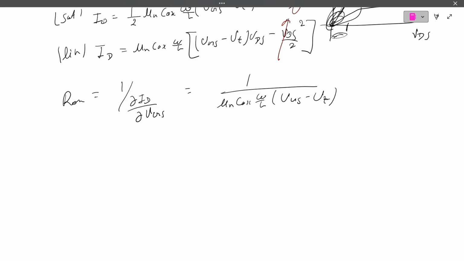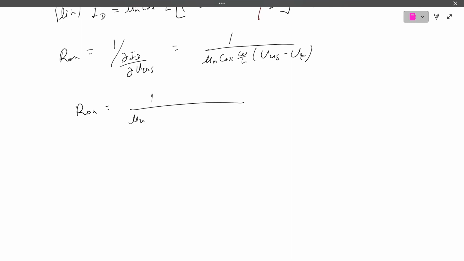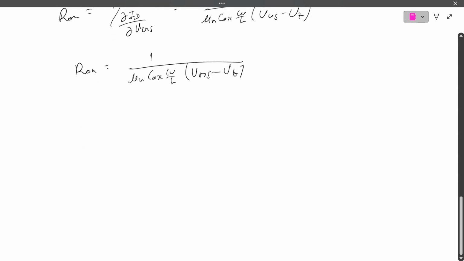Okay, so Ron will depend on 1 by mu n COX W by L (VGS minus VT), right? Okay, so I'm going to explain further. For the gate voltage VG, we can apply VDD, for NMOS, and for PMOS it's zero voltage.